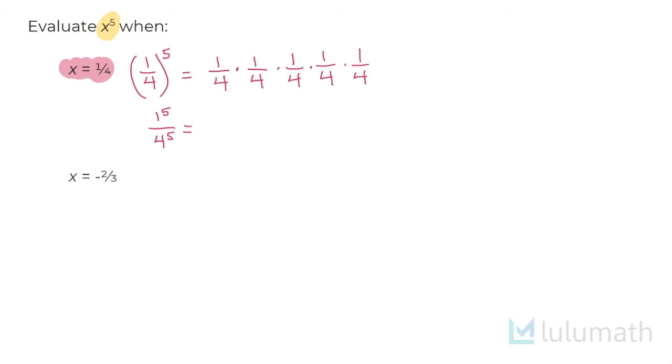Any of the options that I'm giving you here are all totally mathematically acceptable. So when I multiply across, all of these ones multiplied together give me 1. And when I multiply across here, all these 4's multiplied together give me 1024. So my answer is 1 over 1024.